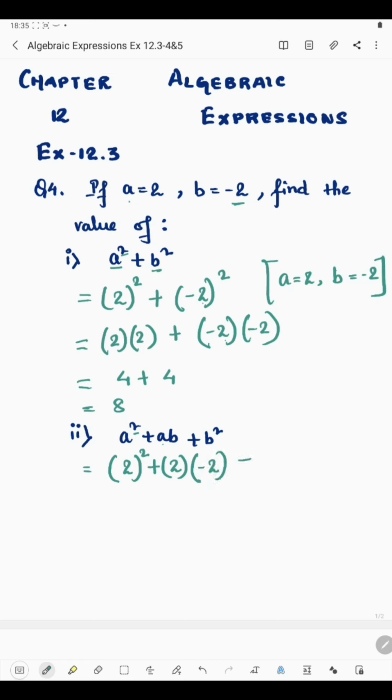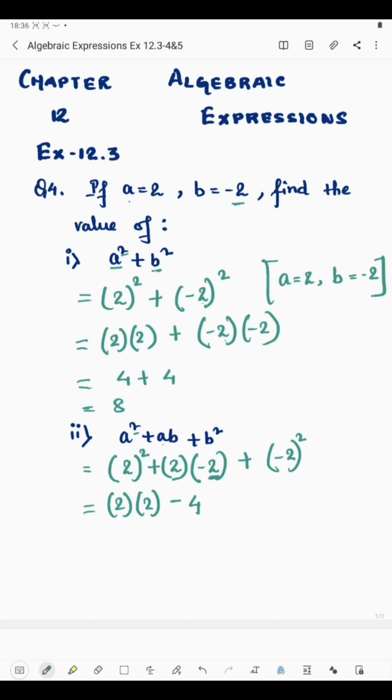Plus b square, b is minus 2 whole square. Now 2 square means 2 into 2. Now here 2 multiplied by 2 is 4, and in front of 2 a minus sign is there, so it will be minus 4.